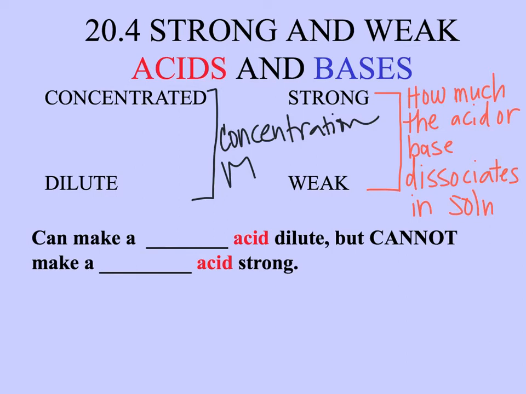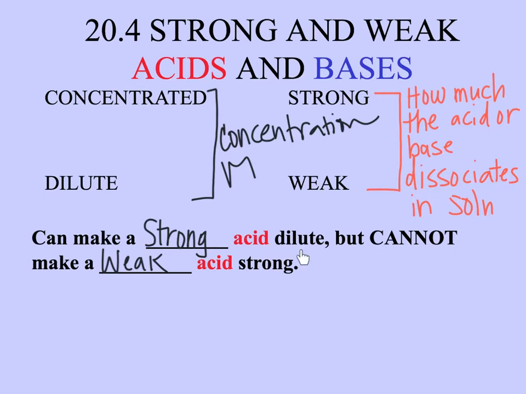All right, so when we fill in these blanks here, these are intended to be like you can make a blank acid dilute. So you can make a strong acid dilute, okay, but you cannot make a weak acid strong, and that's what those are intended to be. What this is saying is that just because you have a strong acid, it doesn't relate to the concentration at all.